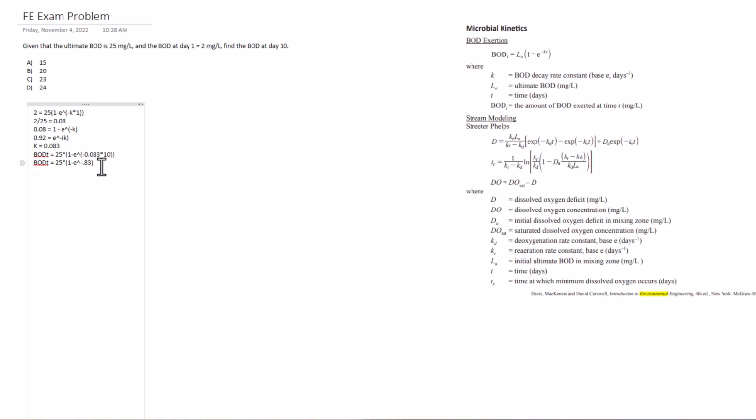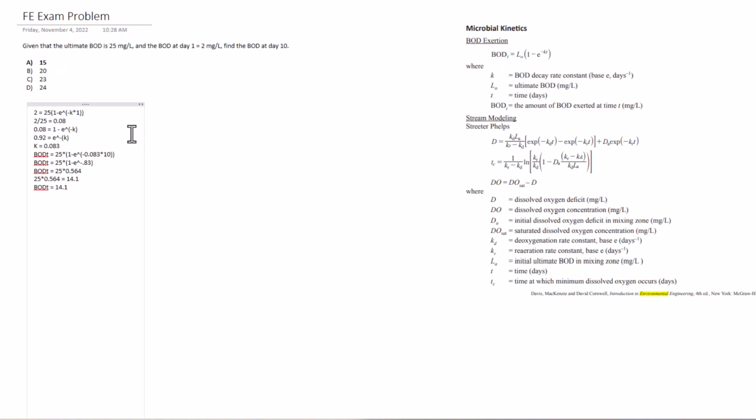So 25 times 0.564 is going to equal 14.1. So BOD at time t equals 14.1. That was 10 days into the test. And so we're going to be looking at answer A here.